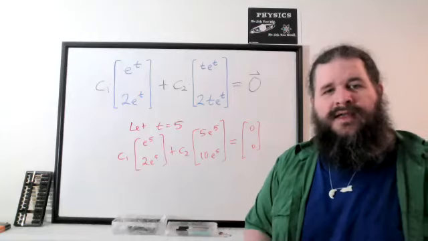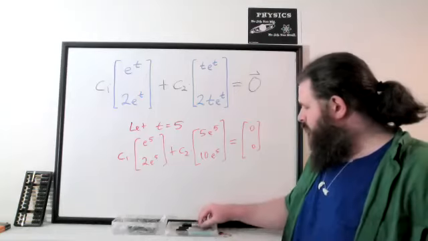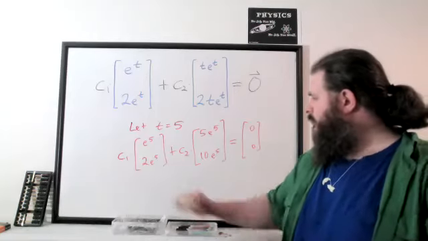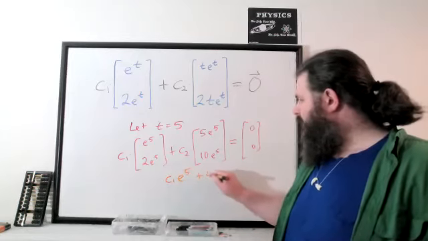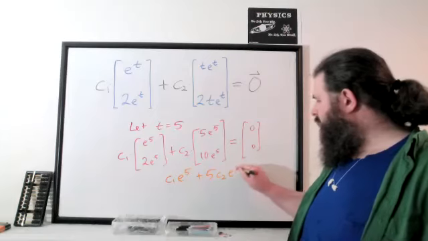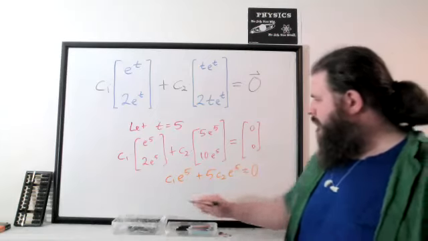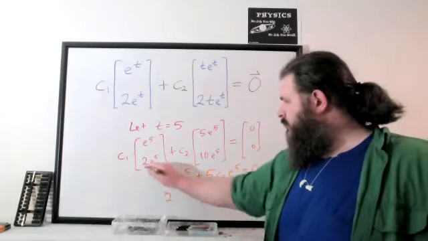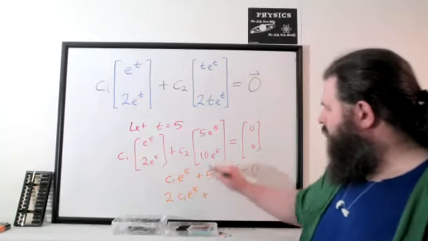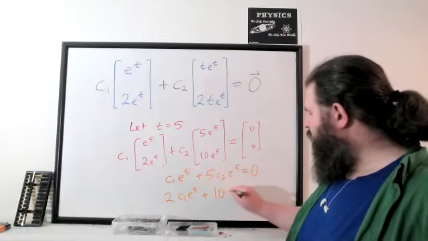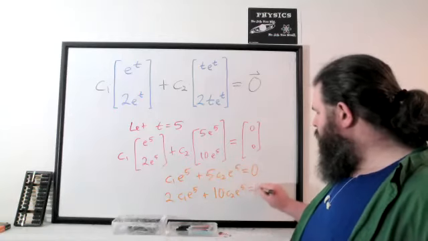So now if we take a look at each row, we would have C1 e to the 5 plus 5C2 e to the 5 equals 0. And likewise, 2C1 e to the 5 plus 10C2 e to the 5.